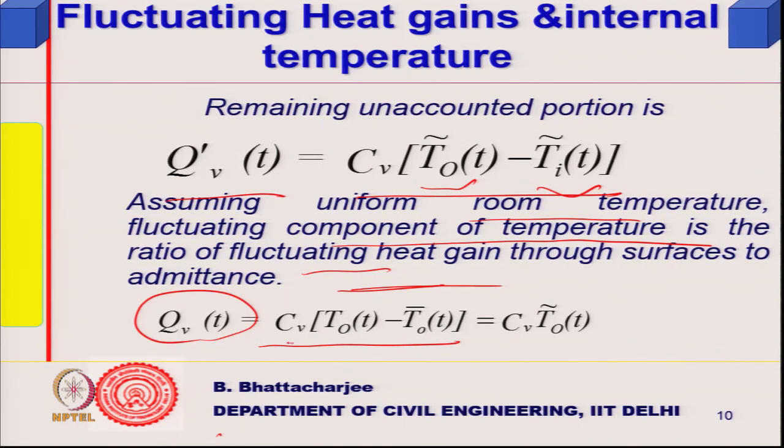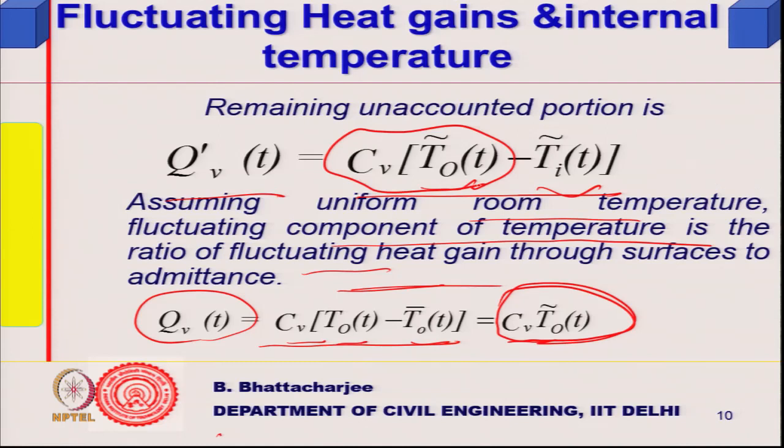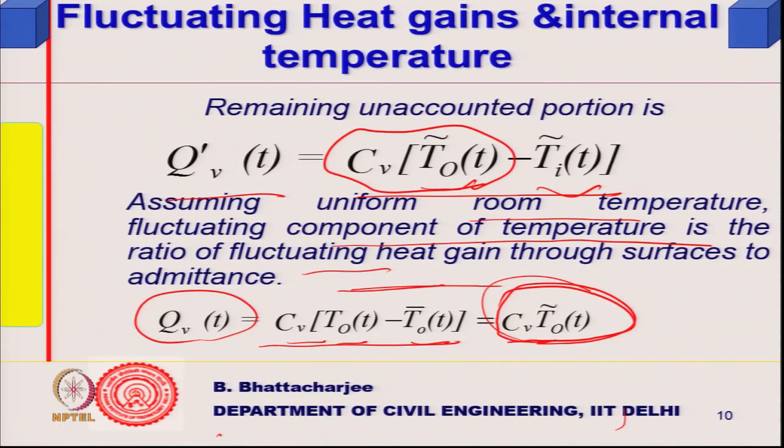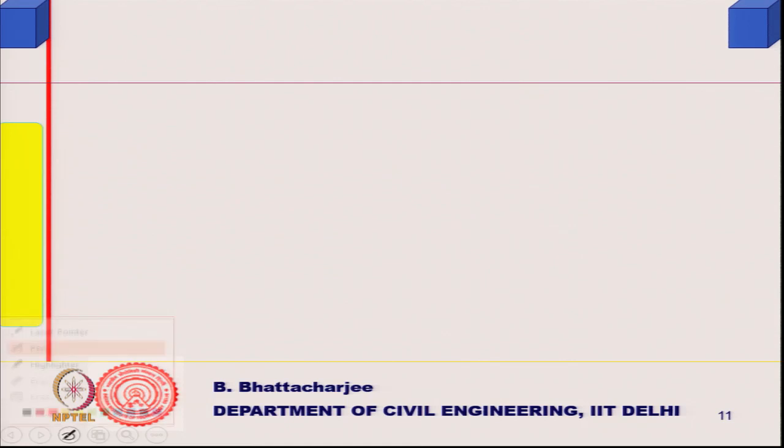QVT, I can write as CV into TOT minus only the fluctuating part. I can separate this out: this is the fluctuating portion of temperature and the corresponding ventilation heat gain. Let us see how we take care of this in the overall scenario.